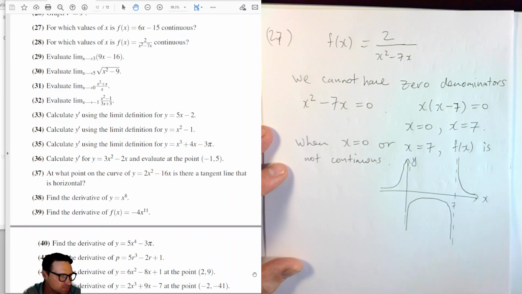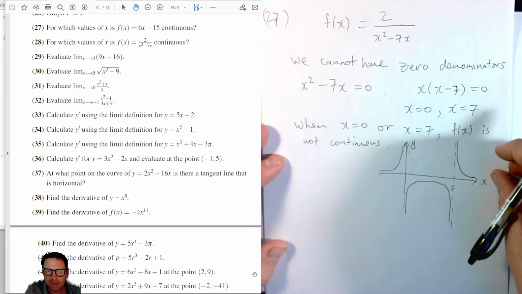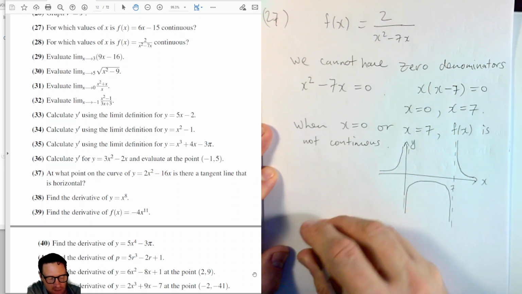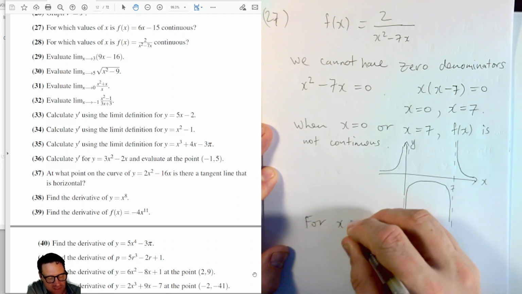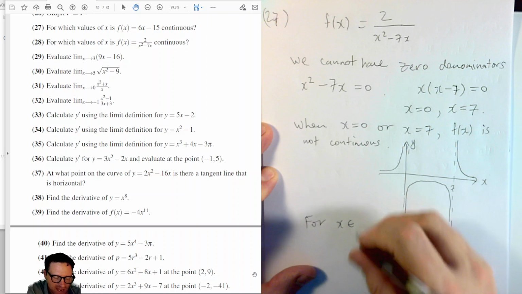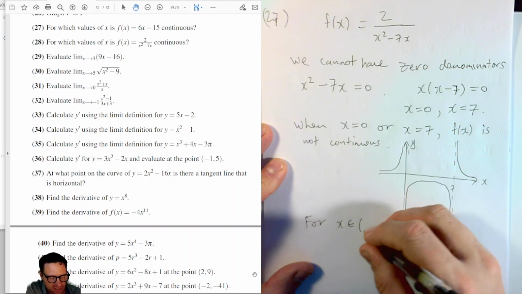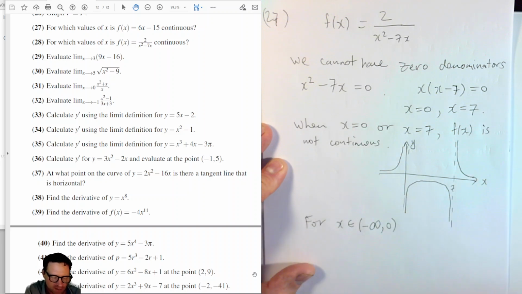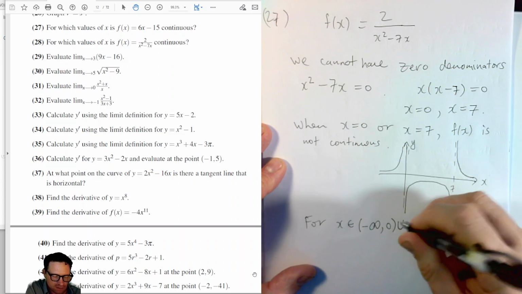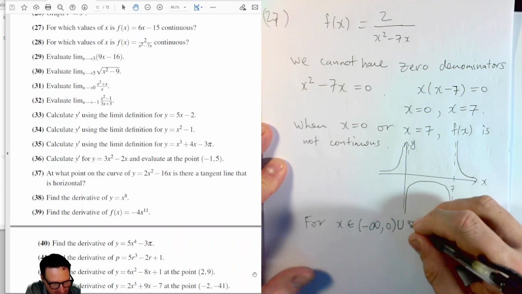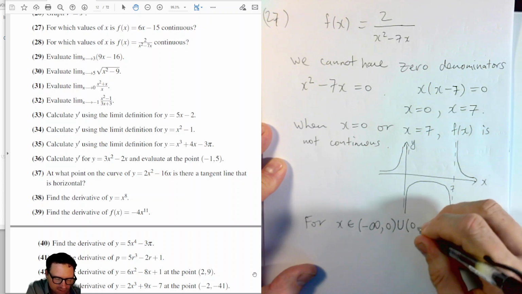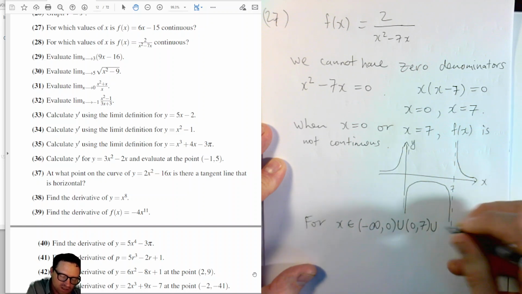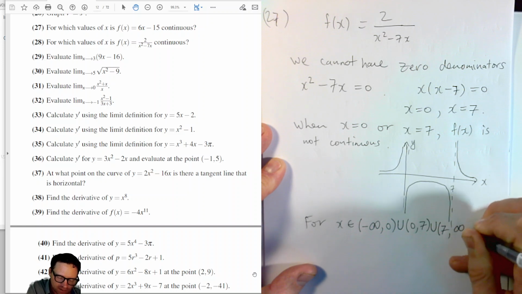So to answer the question, for which values is the function continuous? For x belonging to the set, let's write this in interval notation, minus infinity up to 0 with round brackets because we don't include our endpoints, union, which is a gluing together of the two sets, 0 up to 7 but not including the endpoints, so round brackets, and then union 7 to infinity.